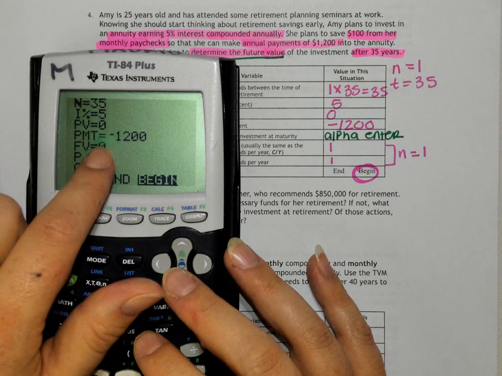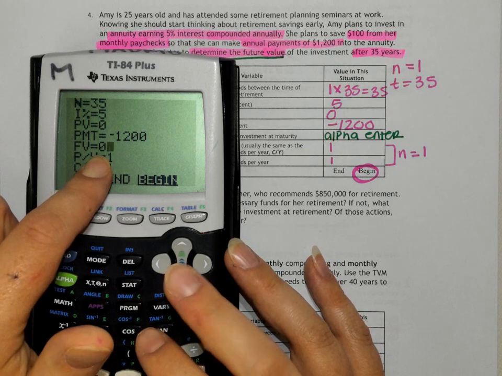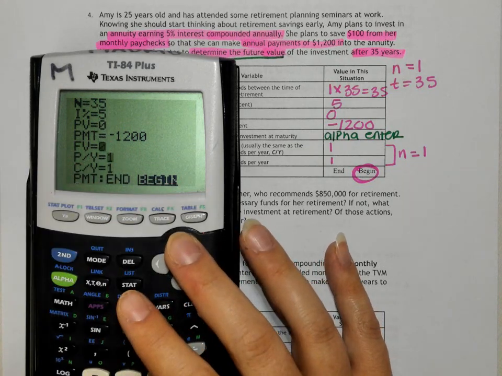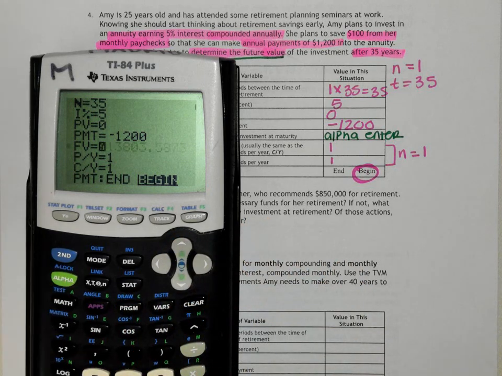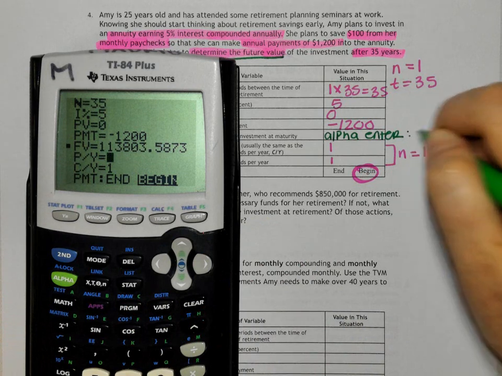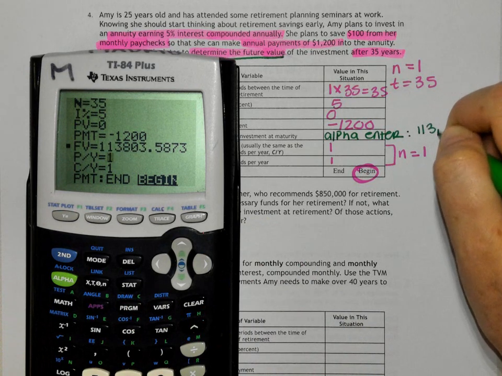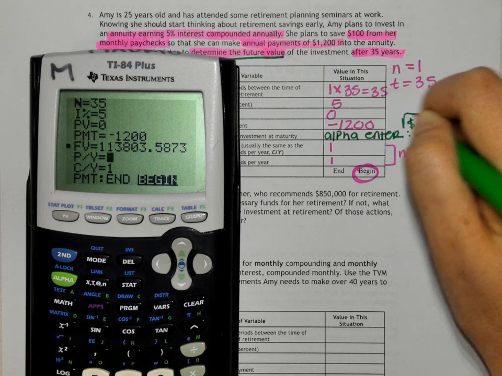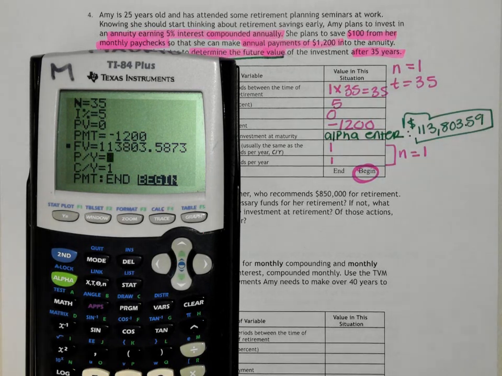I'll come back to that, because we're going to solve for that later, but you have to put everything else in. So this would be 1 and 1 in beginning. So I'll go back to this, alpha enter, and then this is what we get. We get $113,803.59 will be our future value.